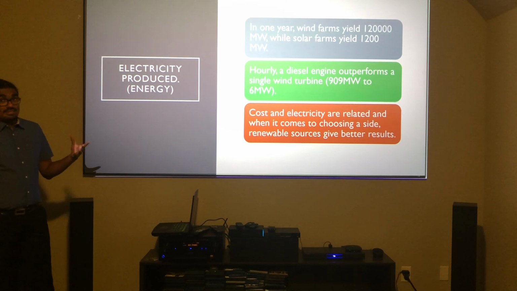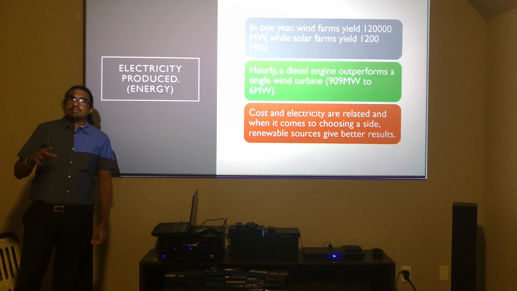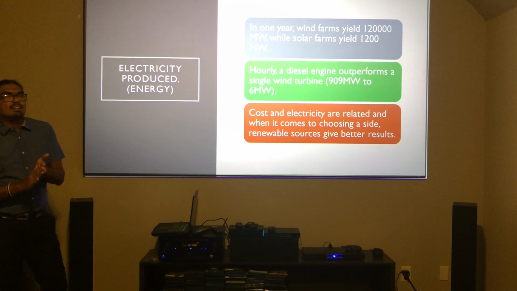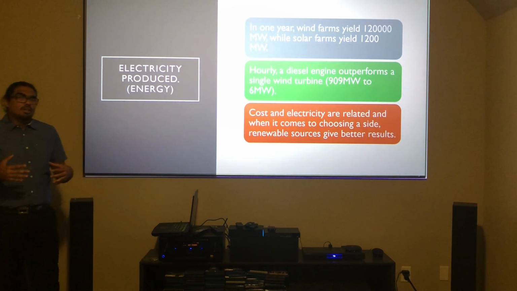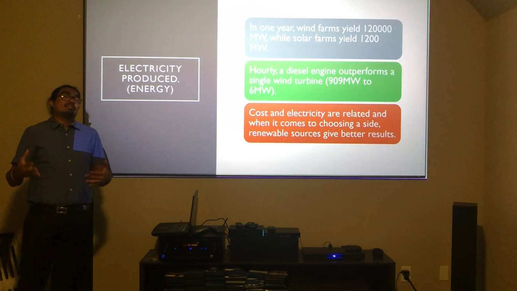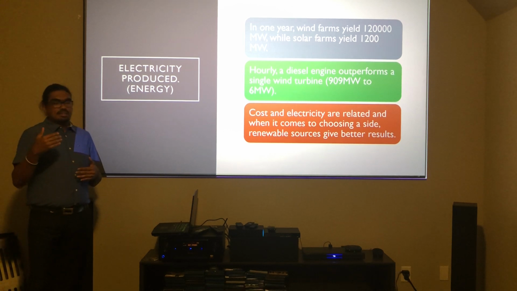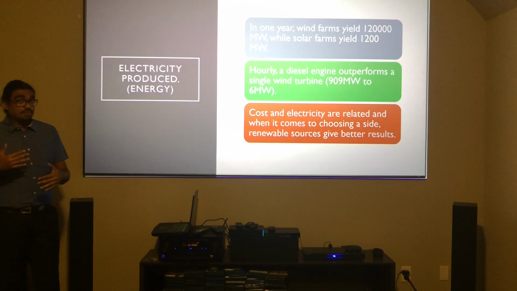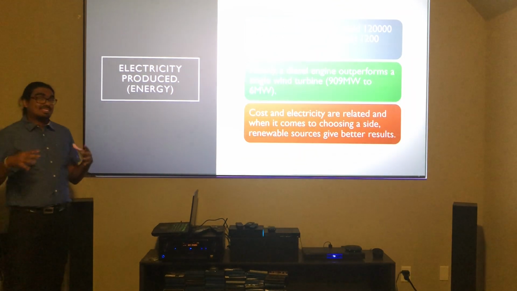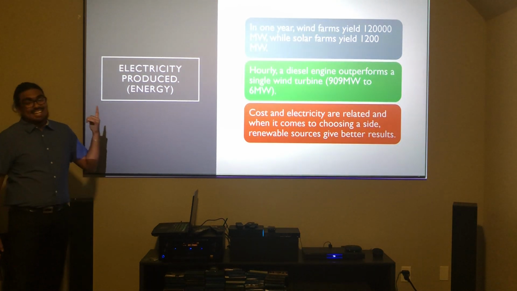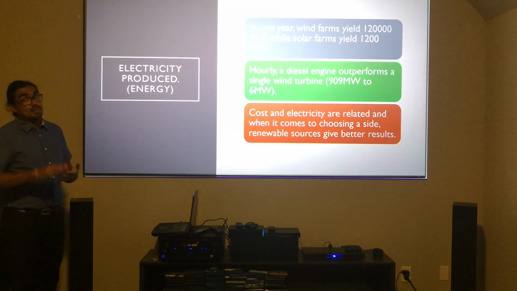It's a lot of electricity, and the regular household consumes around 800 kilowatts per hour. When it comes to the numbers, it might seem that it lasts a lot and should be profitable, but the fact is that a diesel engine outperforms a single wind turbine because it produces 909 megawatts per hour.